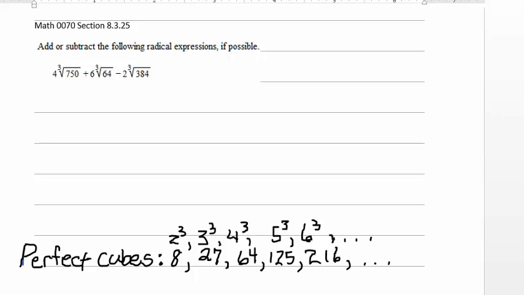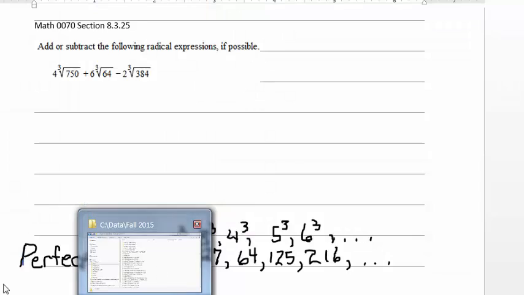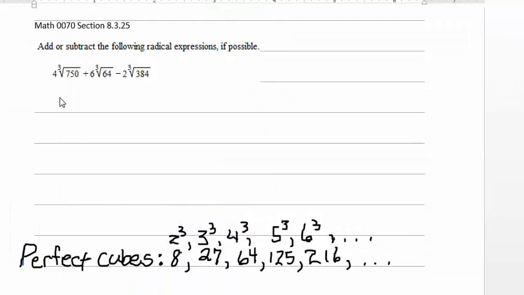All right, so the numbers on this list are the numbers we're now interested in. So when I go to simplify the first radical, 4 is multiplied times the cube root of 750. But I am only interested in whether or not one of the numbers on my list divides evenly into 750.